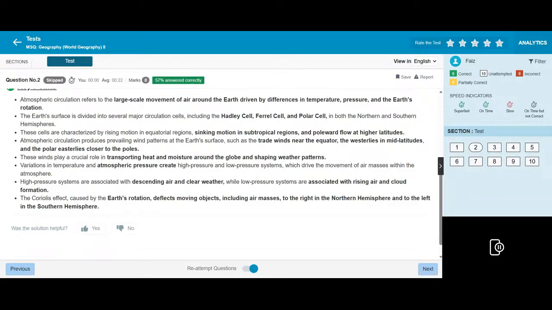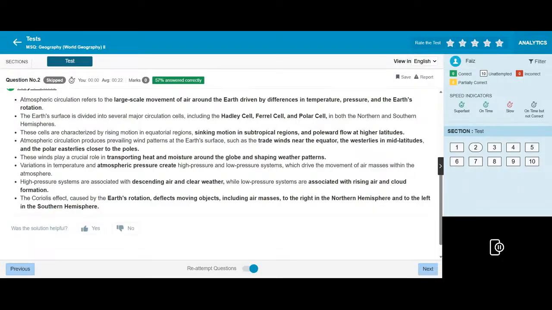Atmospheric circulation produces prevailing wind patterns on the Earth's surface, such as trade winds near the equator, the westerlies in mid-latitudes, and the polar easterlies closest to the poles.